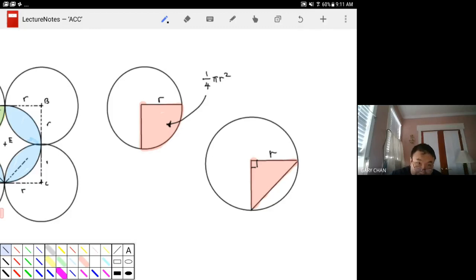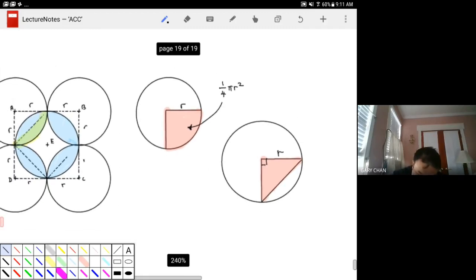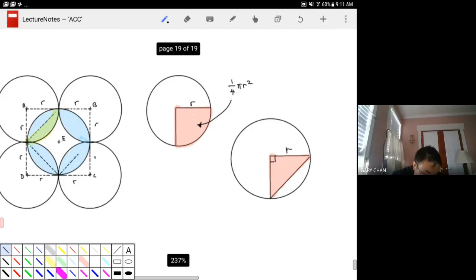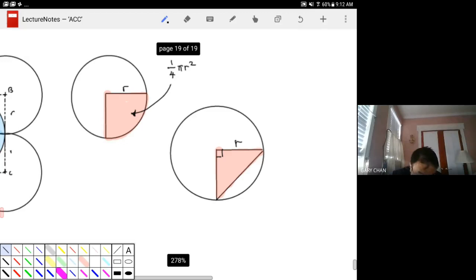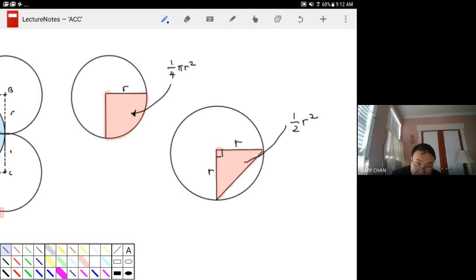So the trick behind this problem is drawing things inside of the diagram to provide other information that wasn't there before. So this triangle over here will have an area of 1/2 r squared, because both the height and the base of this triangle are r.